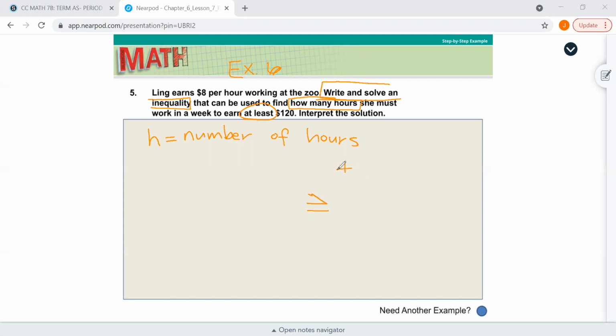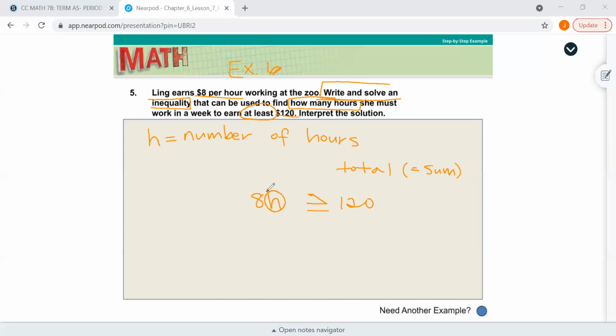And then we have decided to write the total, which is the sum, on the right side of the inequality symbol. So here we have total 120, and we have given this information, which is $8 per hour. So we can write 8H, $8 per hour.